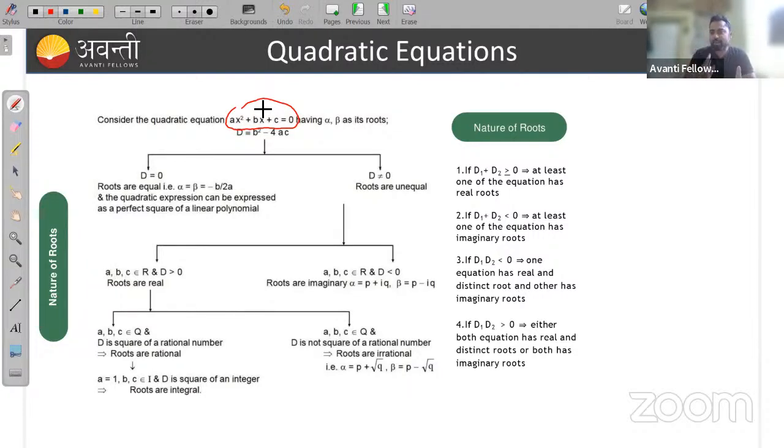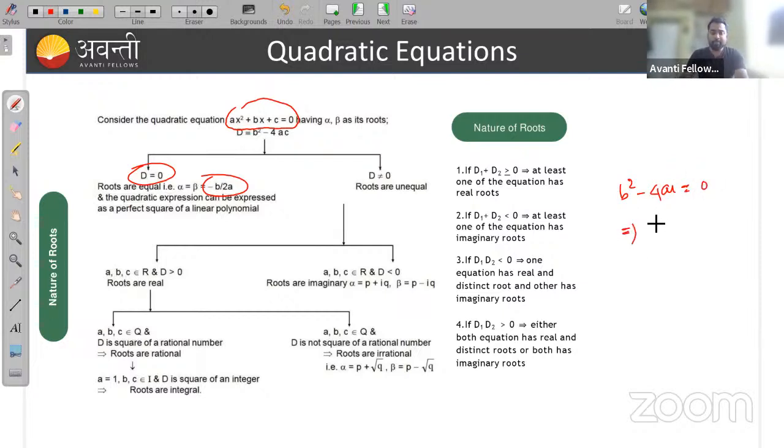One is when discriminant becomes 0. Another is discriminant is not equal to 0. When discriminant is equal to 0, alpha is equal to beta is equal to minus b upon 2a, right? That means you are getting repeated roots. So b square minus 4ac is equal to 0.